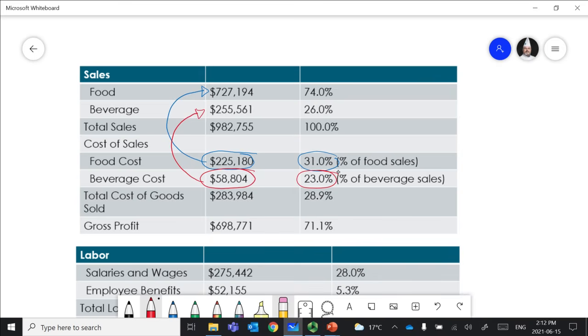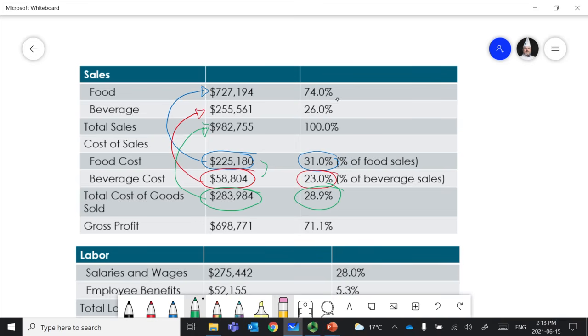Notice if I add these two percentages up, they don't come up to my total cost of goods sold, because my total cost of goods sold is these two items added together to get my $283,984, but now that is compared to my total sales to get my 28.9%, right?